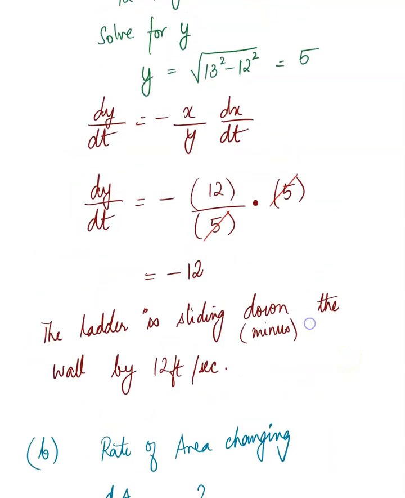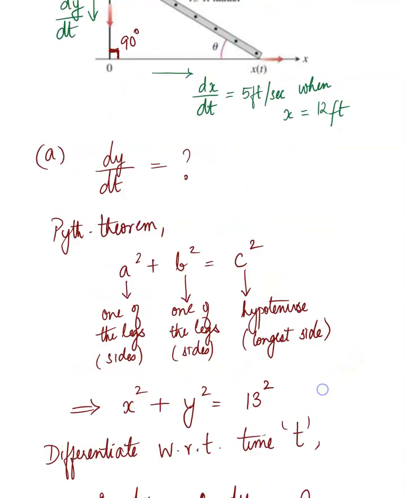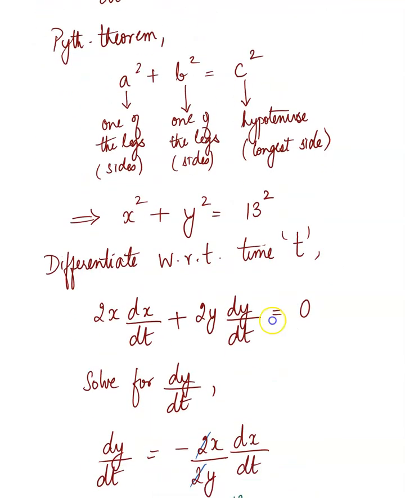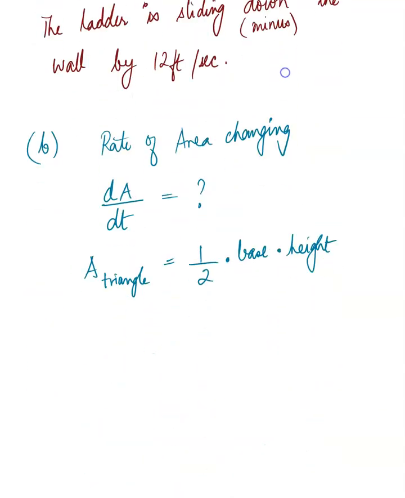Thankfully, the setup of our diagram gives us the base, which is x, and the height, which will be y, isn't it? So we can use that information to replace the formula. Area is half times x times y, base times height.